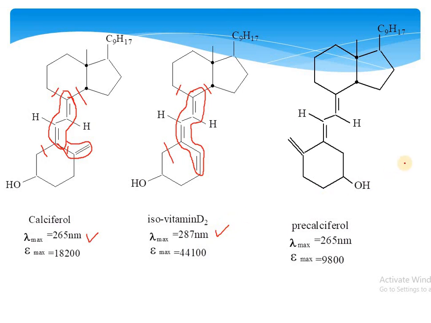And similarly in this example, this is our system, but this is extending conjugation. So to this system, 214 basic value, and then one double bond extending conjugation plus 30 nanometer, and then there are 2 of these ring residues and 2 of these ring residues.